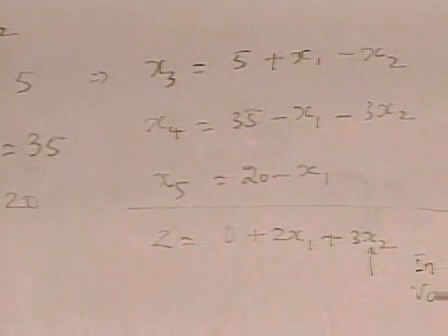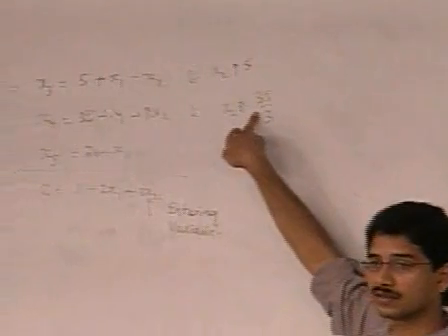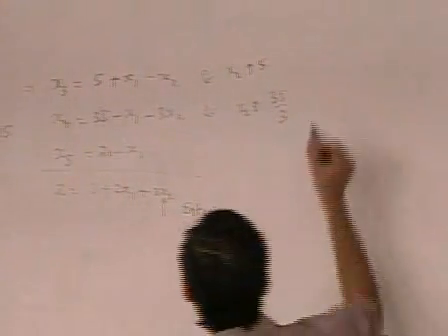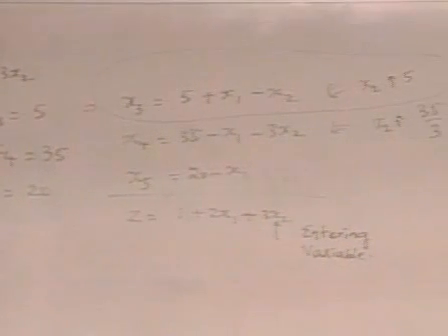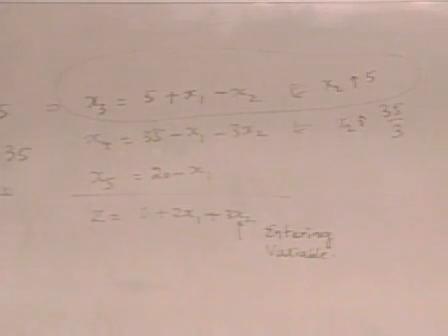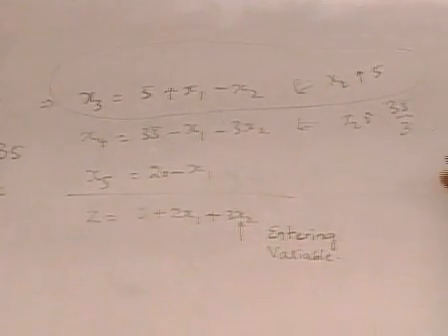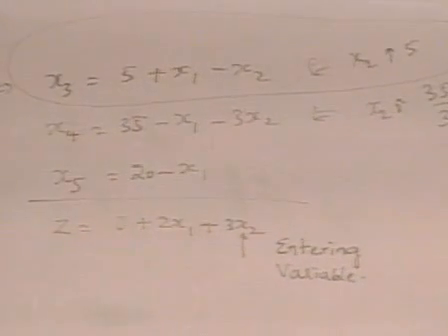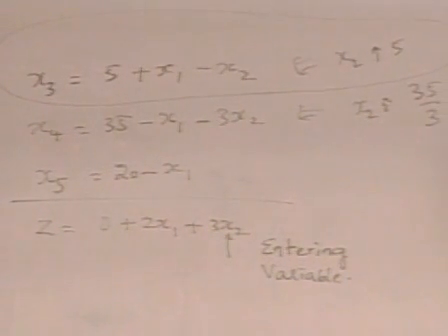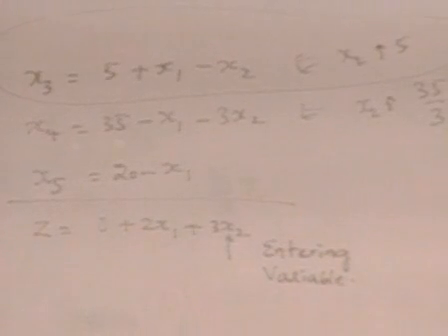Now, as you're gradually increasing x2 from 0 onwards, you're going to hit this boundary before you hit this, and therefore this is the constraint that's going to limit you from increasing x2. So if you've already seen the simplex method, what we are doing here is called the minimum ratio test. And if you haven't seen it before, just know that what we are doing here is called the minimum ratio test.